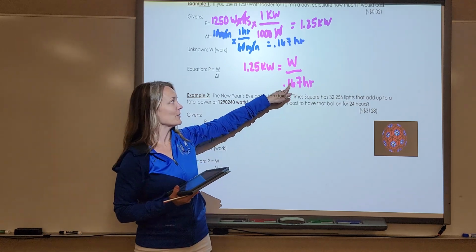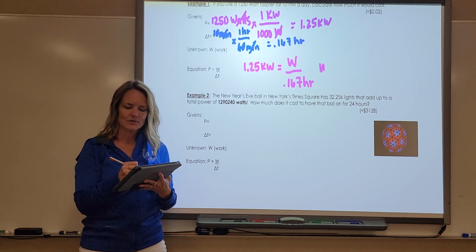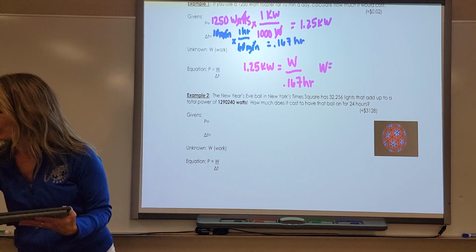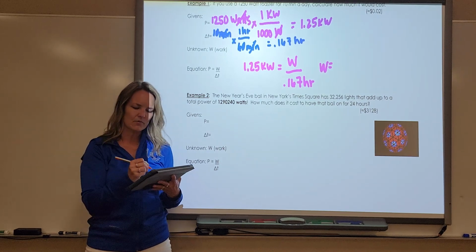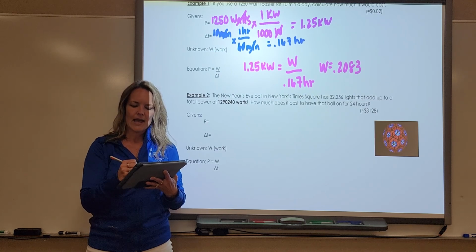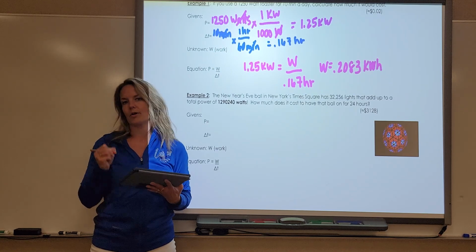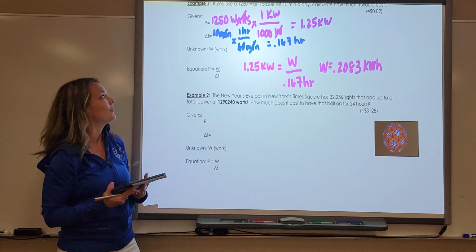Okay, this is on the bottom. I have to multiply it to the other side. When I do that, I find that my work is, I'm gonna keep a bunch of decimals and then round later, 0.2083, and I am in a kilowatt hour, okay? Because I took that times that, I'm in kilowatt hours.